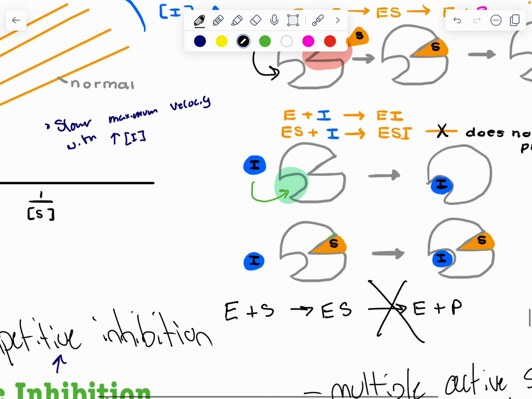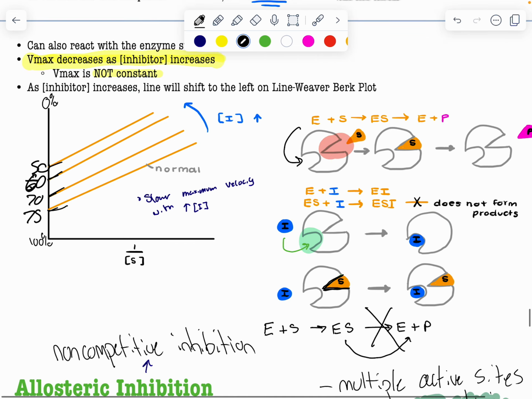It is still going to allow our substrate to bind onto this enzyme, but since we changed the tertiary structure and made this enzyme not functional, this enzyme cannot convert this substrate into its product. It still allows the substrate to bind, but does not allow the substrate to change character because the enzyme's tertiary structure is monkeyed with.